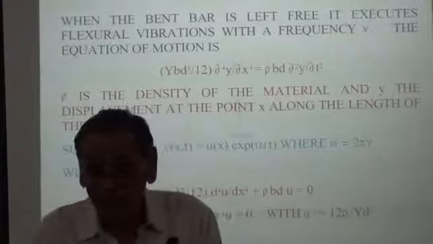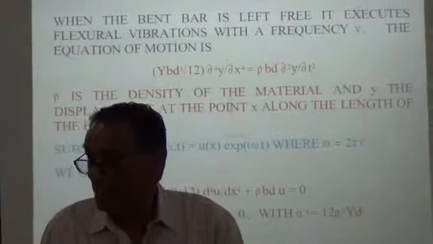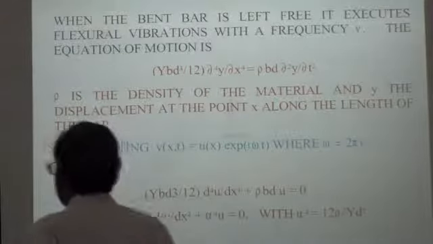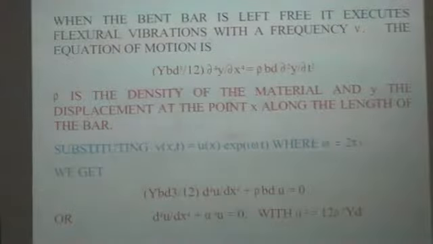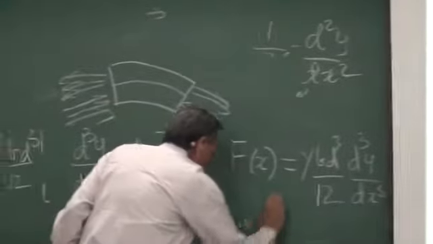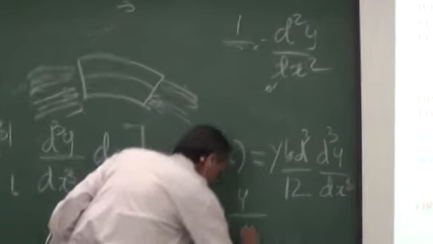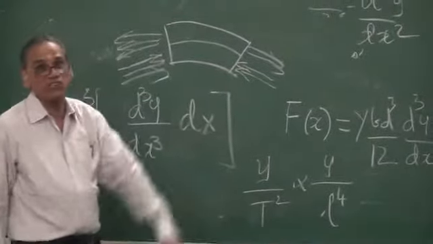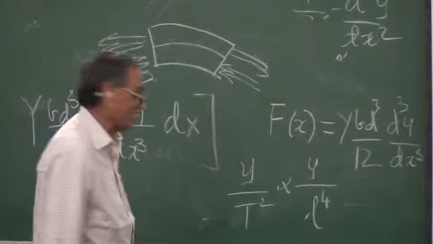So y by period square must be proportional to y by length power 4, because it is a fourth order differential equation.